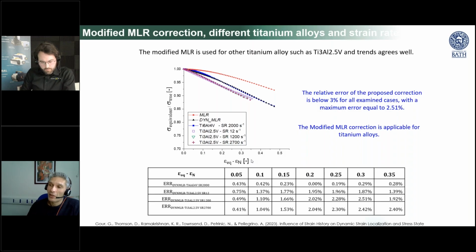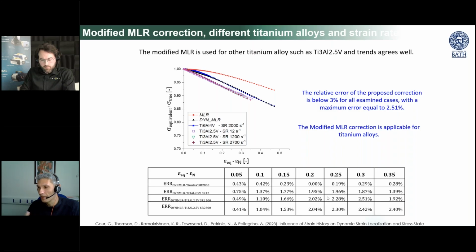We found that for strain rates from 12 to 2,700 and true strain between 0.05 and failure, the maximum error was 2.51%.